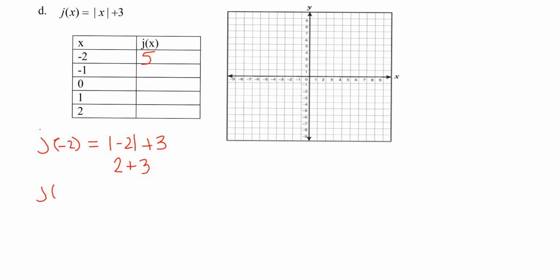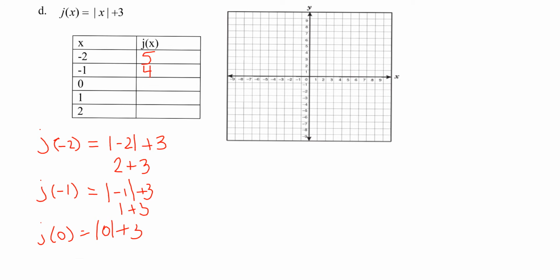J of negative 1 will be the absolute value of negative 1 plus 3. The absolute value of negative 1 is 1. 1 plus 3 gives me 4. All right, J of 0 will be the absolute value of 0 plus 3.